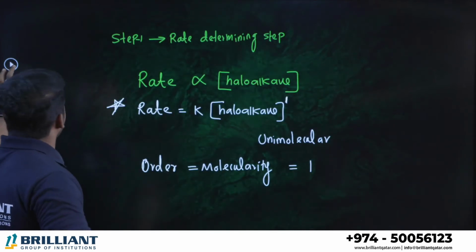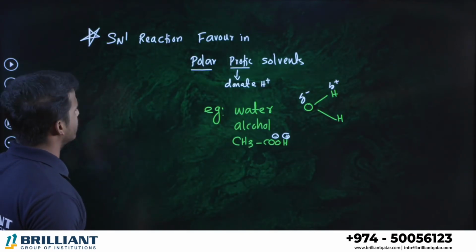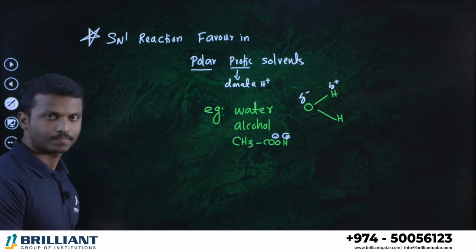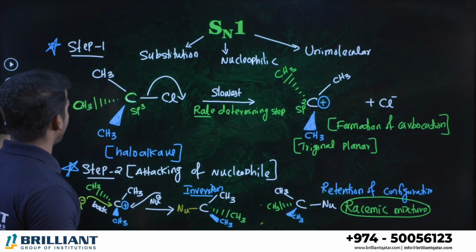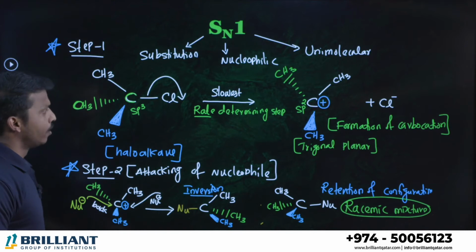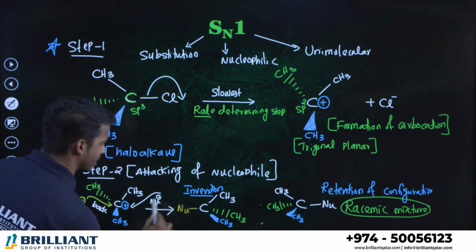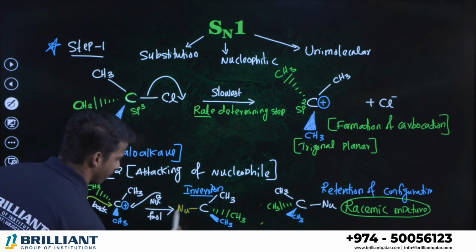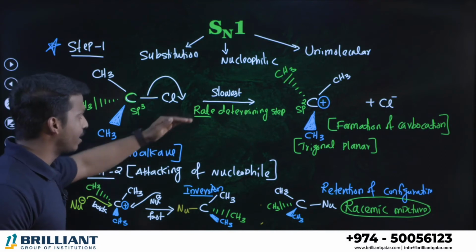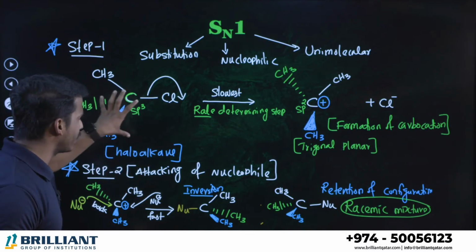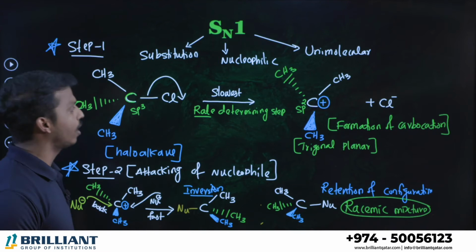Alright. Next, we have to consider some other factors. Two steps are there. The first step is the slowest step, and the second step is the fast step. The first is the rate determining step. Only one reactant is involved, therefore it is unimolecular.